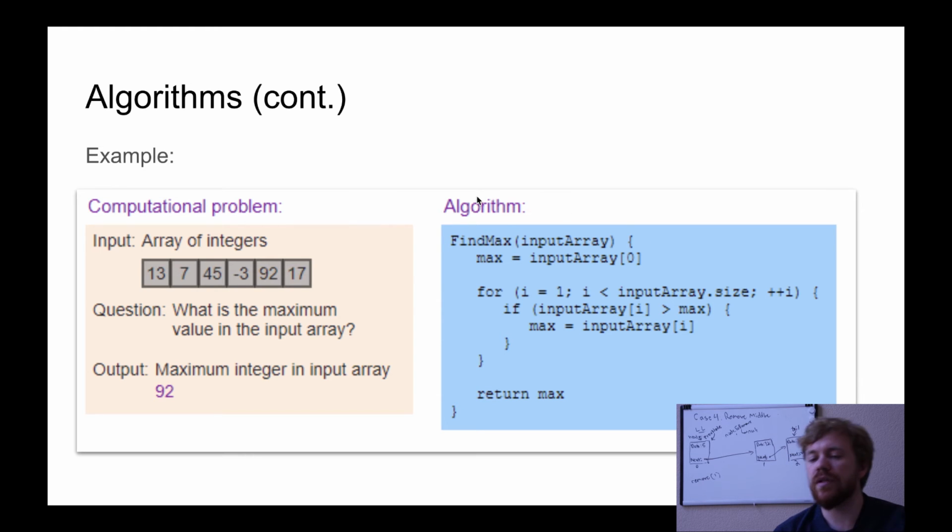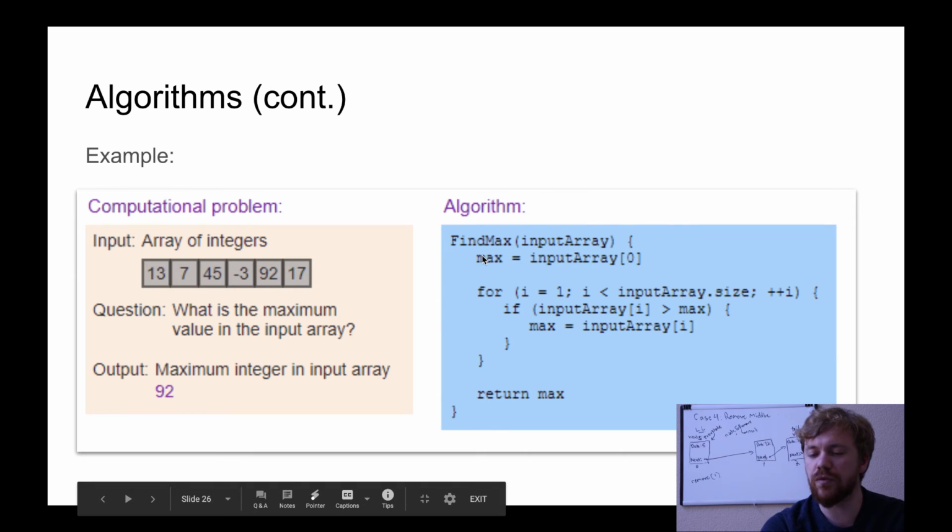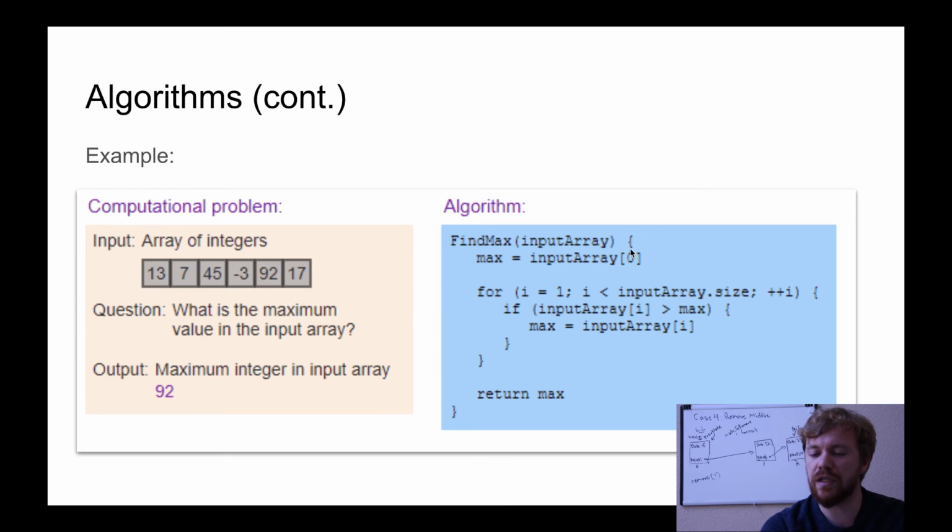And so the algorithm is basically talking about, well, how do we solve this computational problem? And they write pseudocode, right? You see some value max, it's set equal to the initial value inside of the array. And then you go through a loop. You're going to start at index 1 and loop until you hit the end of the array.